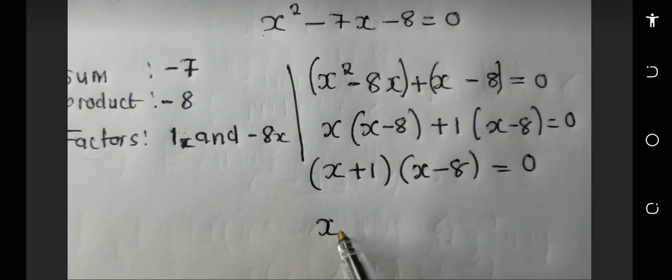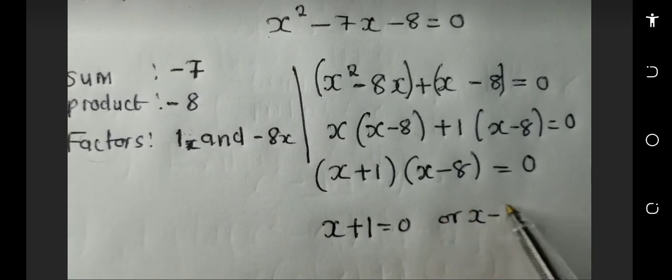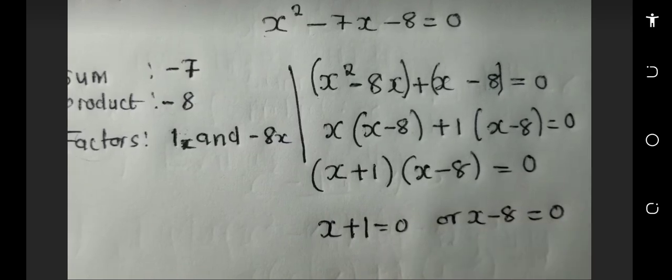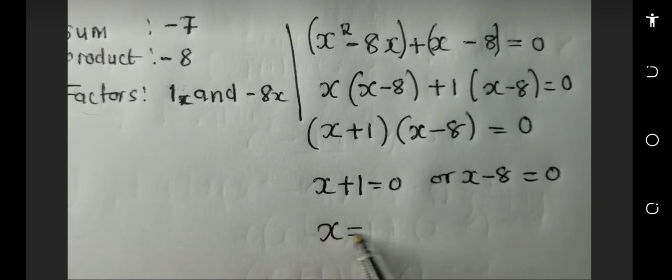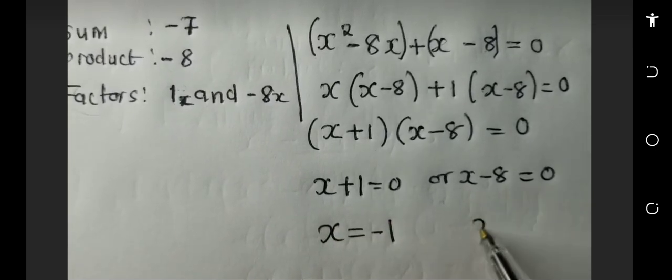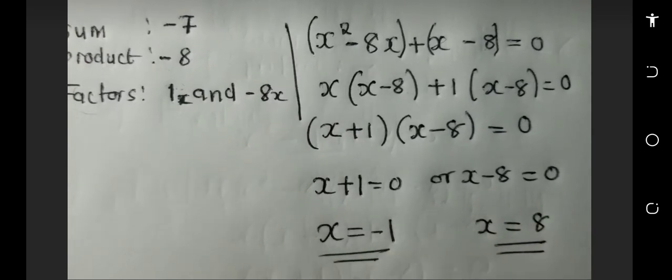So here you say x plus 1 is equal to 0, or x minus 8 is equal to 0. Okay, so after equating, you see that you've got two equations, this and this. So we shall say x is equal to negative 1, x is equal to 8. So these are the two solutions.